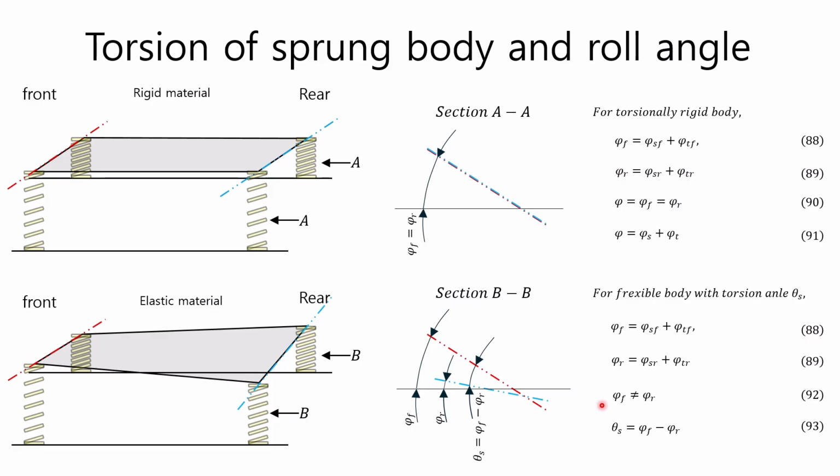The lower figure shows the case where twist occurs and the sprung mass experiences a twist angle, theta s. As shown in the figure, due to the twist of the sprung mass, the rear roll angle phi r is less than the front roll angle phi f. In this case, the difference between the front roll angle phi f and the rear roll angle phi r is the twist angle of the sprung mass, as shown in equation 93.